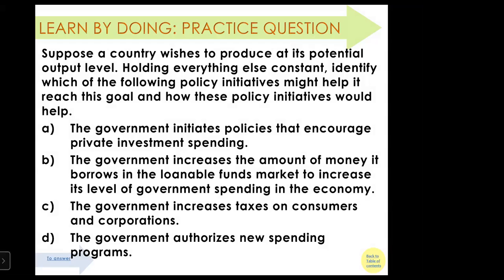Now let's look at another practice question. Suppose a country wishes to produce at its potential output level, holding everything else constant. Identify which of the following policies might help it reach its goal and how this policy would help.